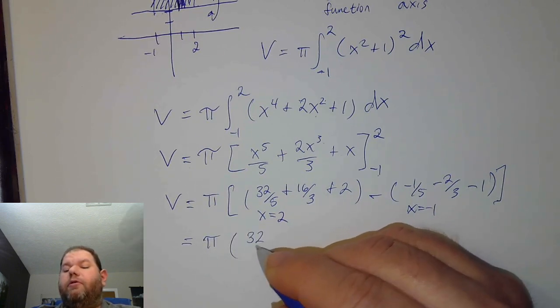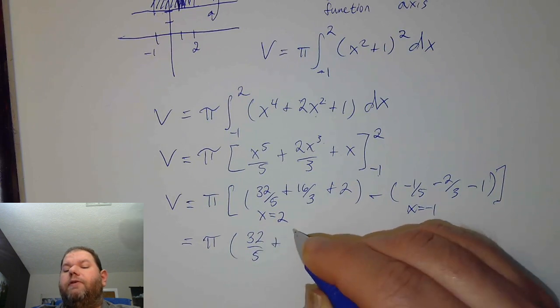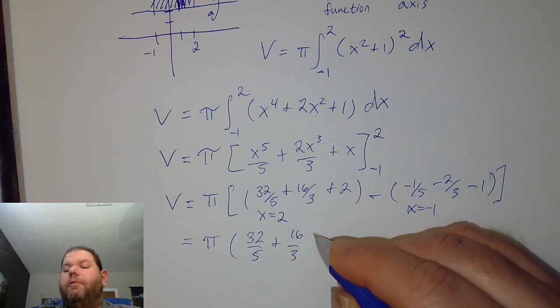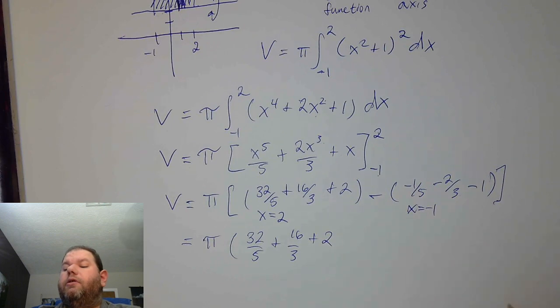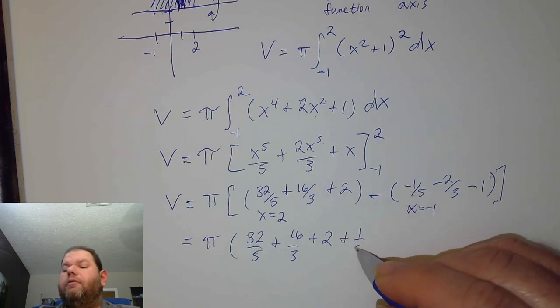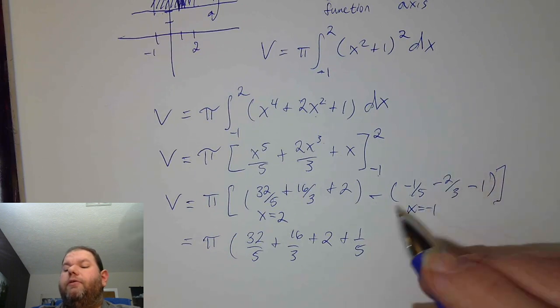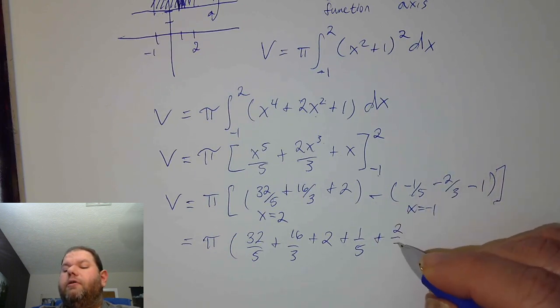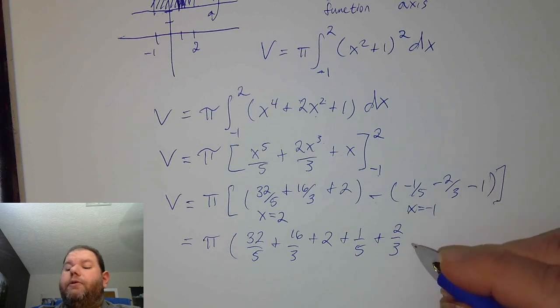So we have 32 over 5 plus 16 over 3 plus 2 plus 1/5 plus 2/3 and plus 1.